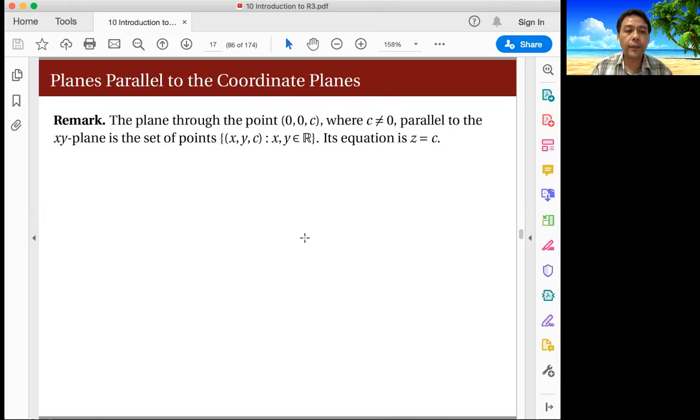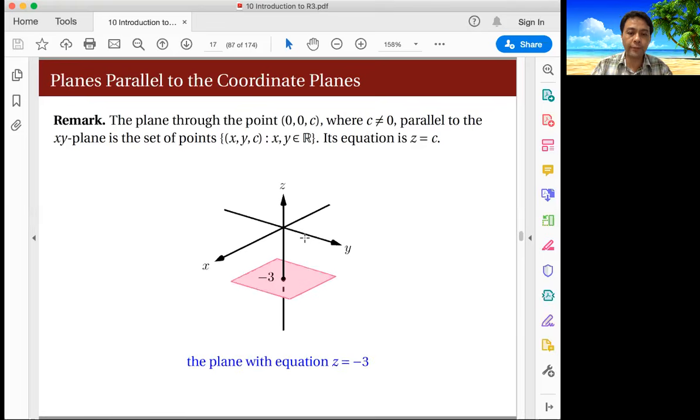And lastly, the plane through the z-axis at the point (0, 0, c), c not equal to 0, and parallel to the xy plane. So the equation is z equals c. For example, say z equals negative 3. So that is parallel to the xy plane. Okay? So these are some introductory equations for planes. Later, we will look at equations of any plane in three-dimensional space.